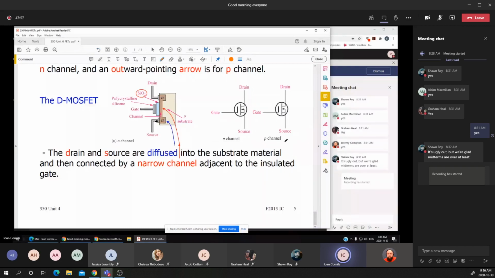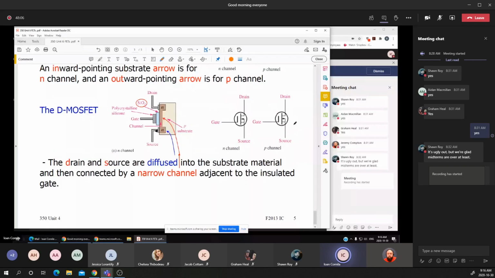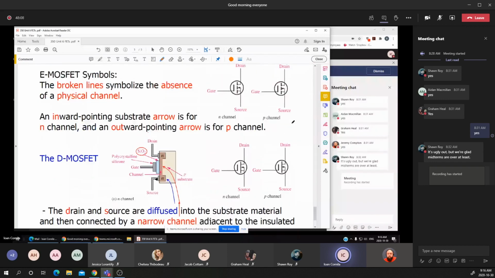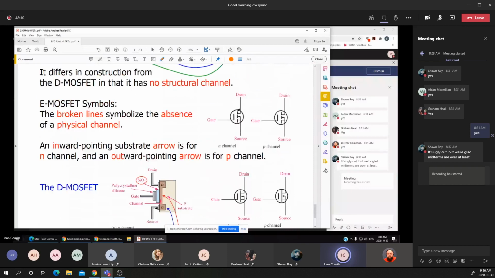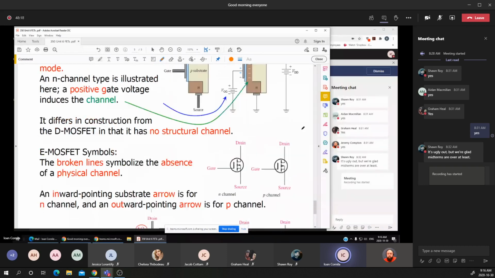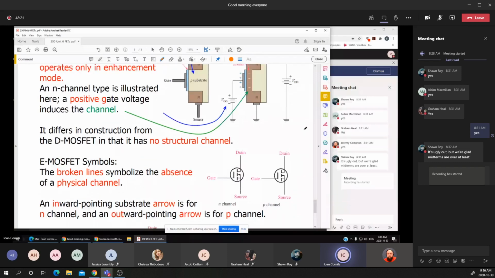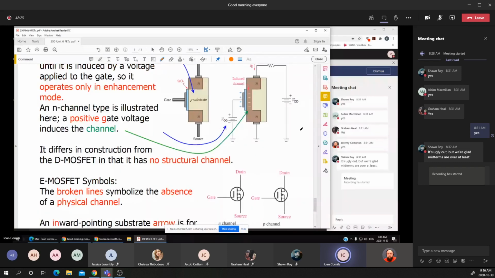If it is an N channel, the arrow is pointed in. It is almost the same symbol as the E MOSFET, except that the E MOSFET has a dashed line showing that there is no physical channel created in the substrate between the drain and the source.